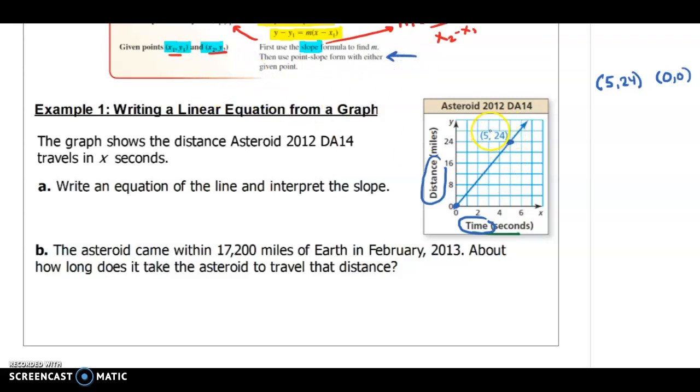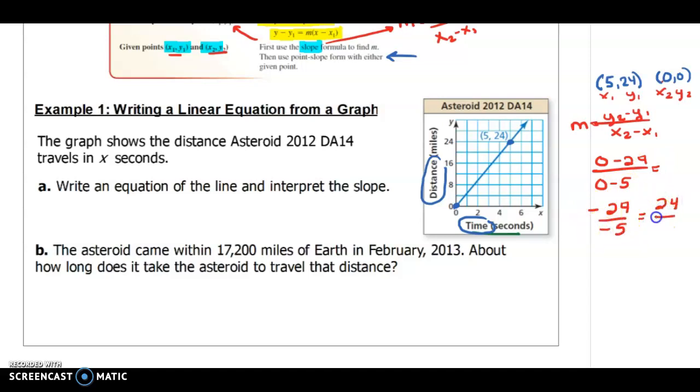So when we just have 2 points, the first thing we want to do is find our slope. Our slope is, I'll write this out for you, y2 minus y1 over x2 minus x1. And remember, this is the x-coordinate of point 1, the y-coordinate of point 1, the x-coordinate of point 2, the y-coordinate of point 2. So if I plug this in, I get 0 minus 24 over 0 minus 5, which is negative 24 over negative 5, which is positive 24/5.